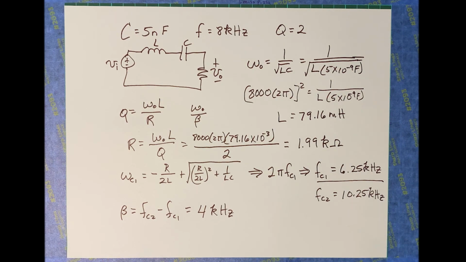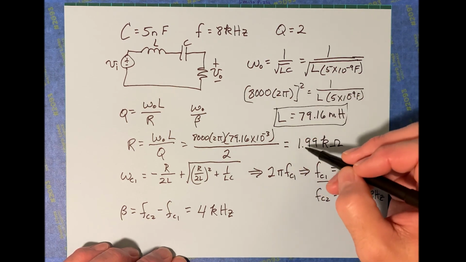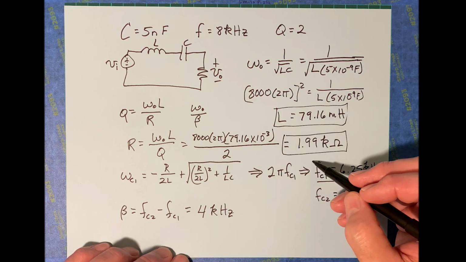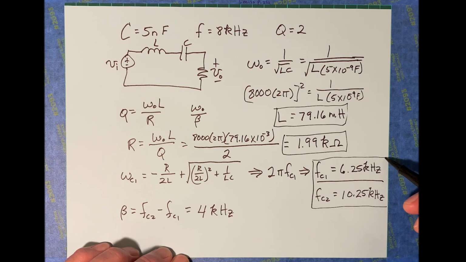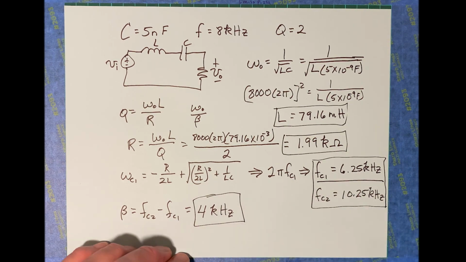All right, so we've got everything that we set out to determine here. We've got our L value, we've got our R value, we've got our upper and lower cutoff frequencies, and then our bandwidth.